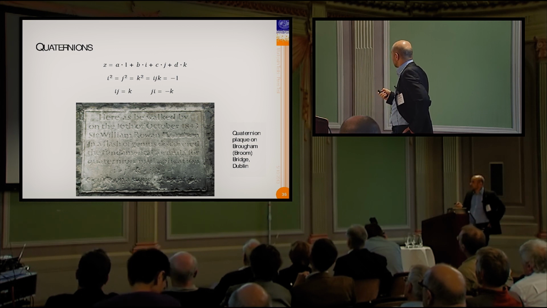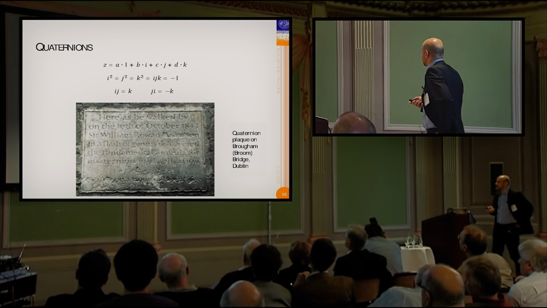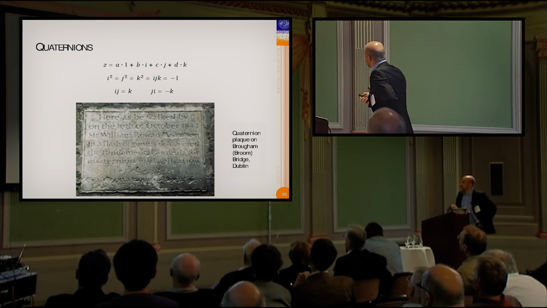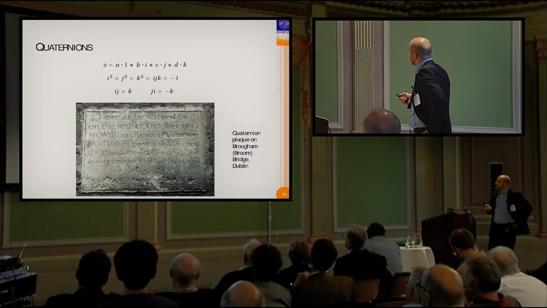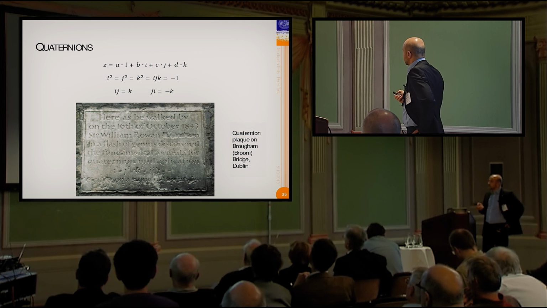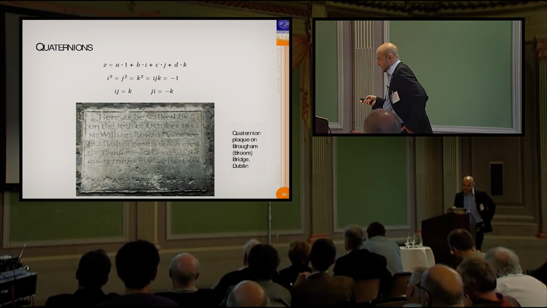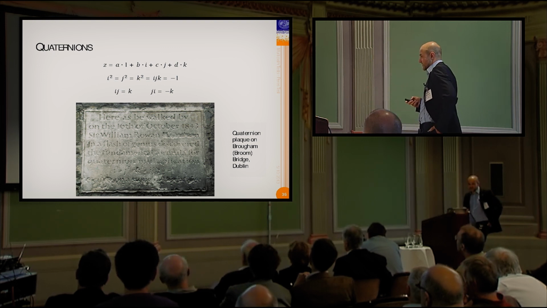And these are the rules for quaternions. It's a four-dimensional algebra with three imaginary units, i, j, and k, and they fulfill a certain multiplication law, and they're non-commutative. And here is the inscription about Hamilton when he discovered the multiplication law for quaternions.